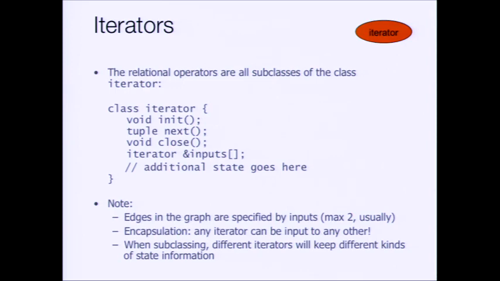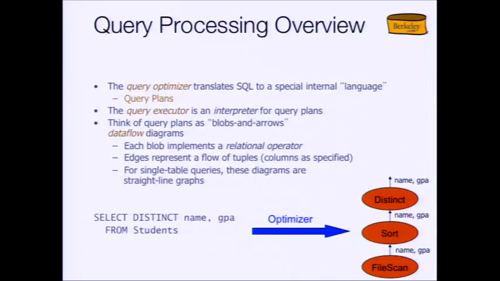Iterators know about their inputs is the point, and those represent the data flow edges. And then this is all encapsulated in this iterator class, which means that if I'm, say, the sort iterator, I do not know what the type of the iterator is that's feeding me. So for example, in the previous picture, on the previous slide, sort was being fed by a file scan. Okay, so that's fine.